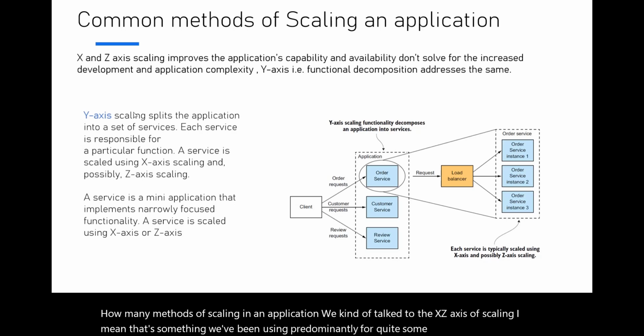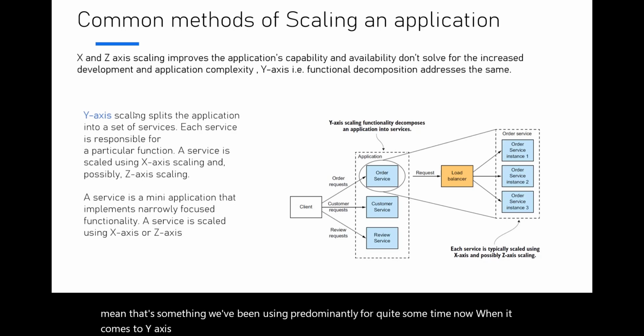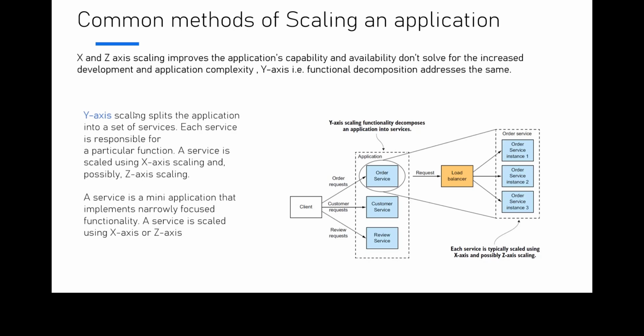Now, when it comes to Y-axis scaling, it's mostly around functional decomposition. That is, ideally breaking down your business entities, objects or functionality, or using some kind of segregation at the business functionality level to achieve that functional decomposition. So y-axis scaling splits the application into a set of services. Each service is responsible for a particular function.